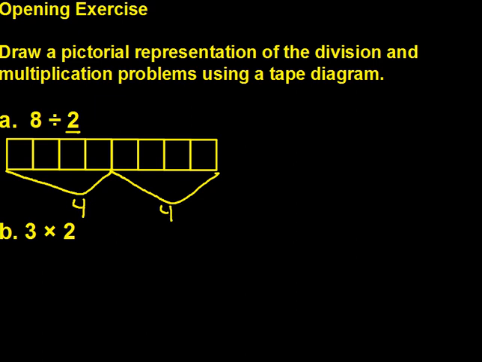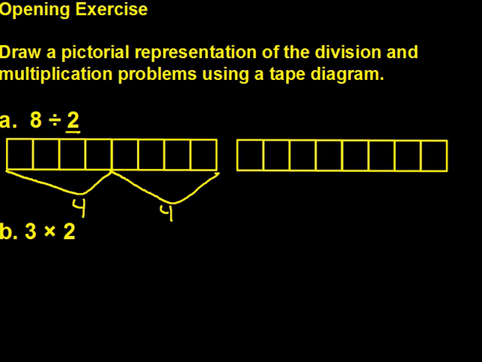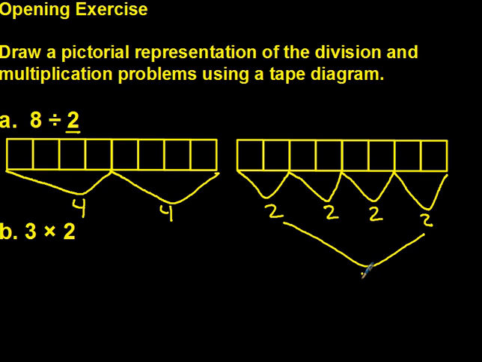Now another way you can look at this same problem, 8 divided by 2, is to once again create a tape diagram with 8 pieces, but this time instead of dividing by 2, think to yourself, how many 2's can I put into 8? So we have 2, 4, 6, 8, and it went in a total of 4 times.